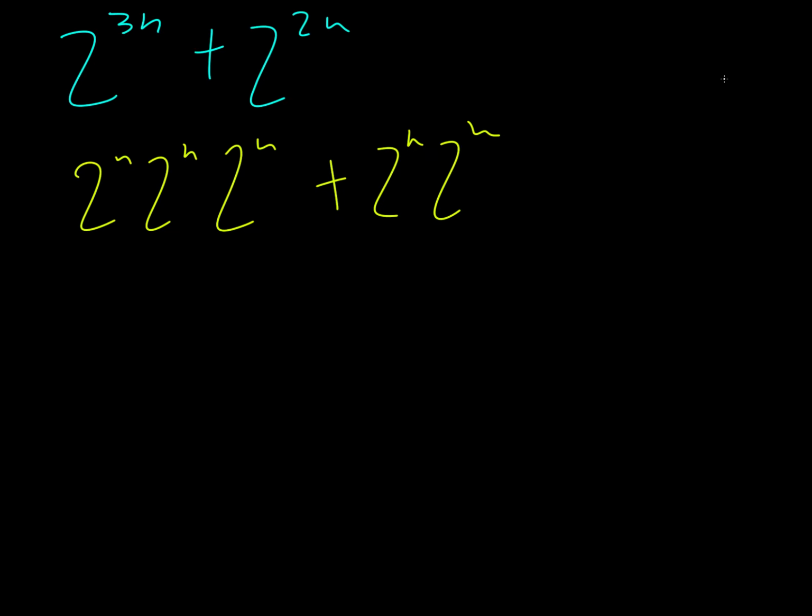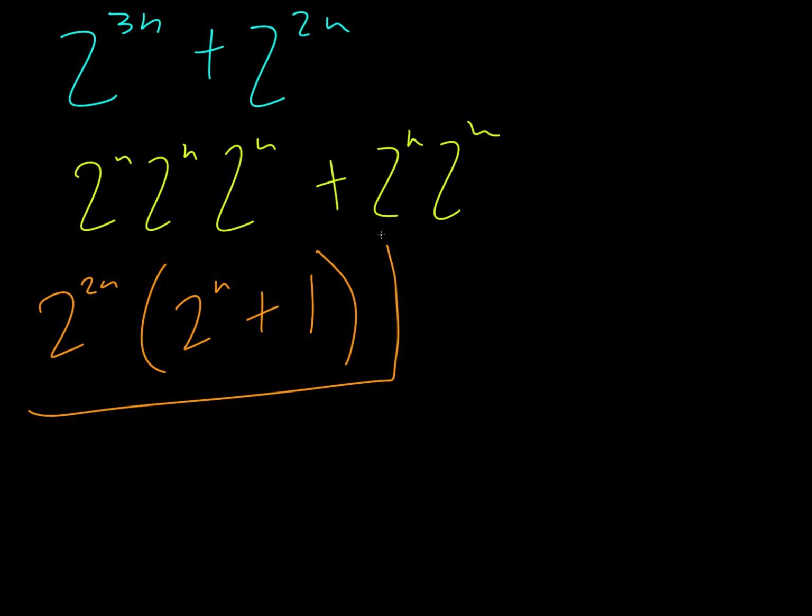We're not going to necessarily write it like that every time, but I just want to make that clear. So we can take out 2 to the 2n from both of these. That'll leave a 2 to the n right here. And since we took everything out right here, it's just going to be a plus 1. Okay, and that's really all we can do on that one.